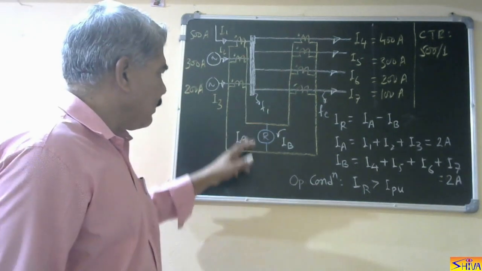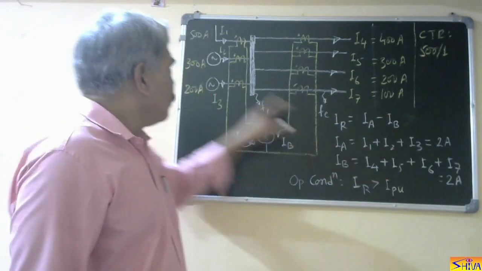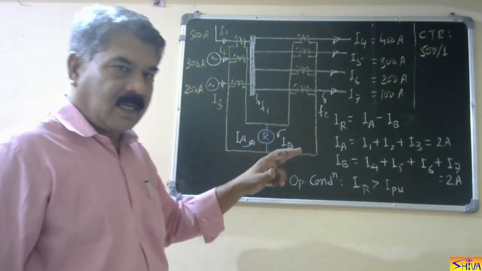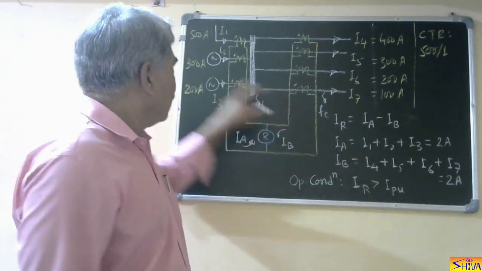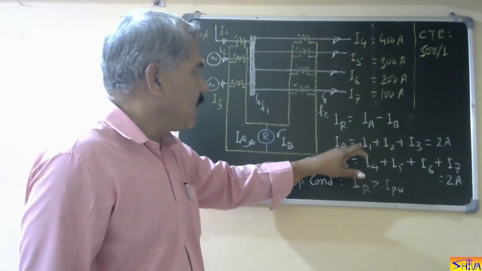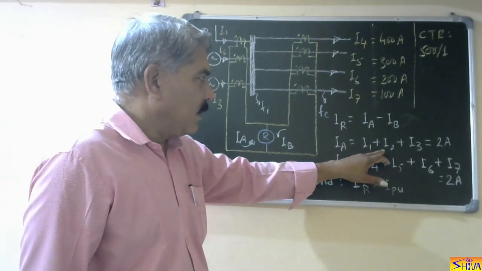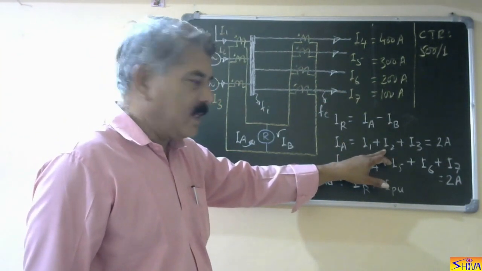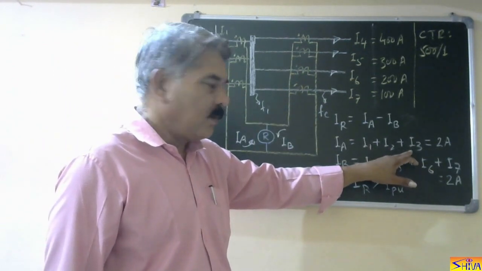Current incoming, that is IA, is I1 plus I2 plus I3. Comparing the secondary current of the CT, 500 by 1, I1 will be 1 ampere. I2 is 300 by 500, so it will be 0.6 amperes. Similarly, I3 on the secondary side will be 0.4 amperes.